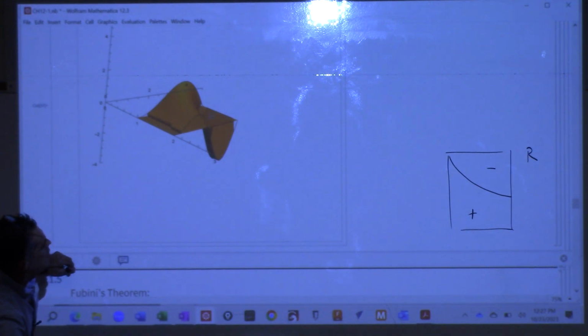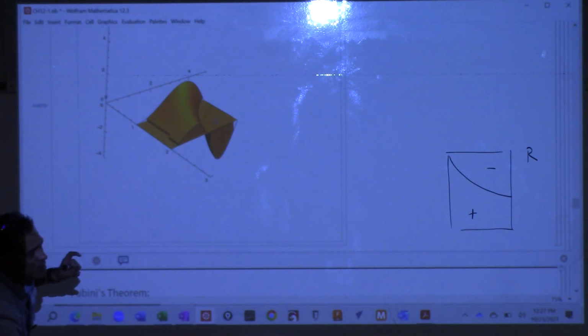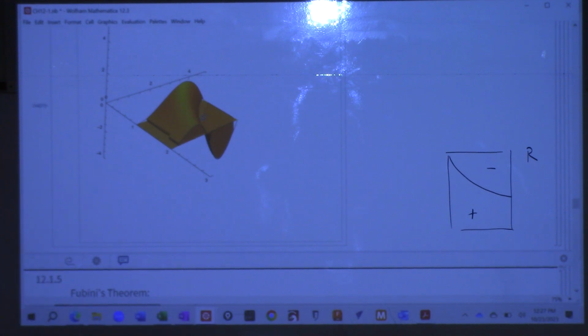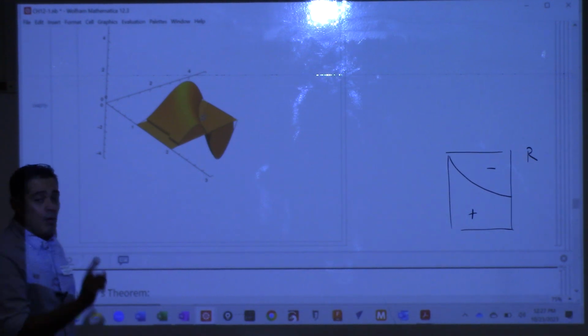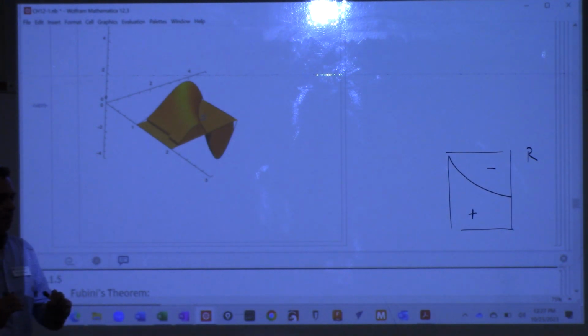But this is a smaller little region. So even though it's lower, you get a lot of negative from a small little area. So this is a very odd problem, right? But we know that the net volume is 0.